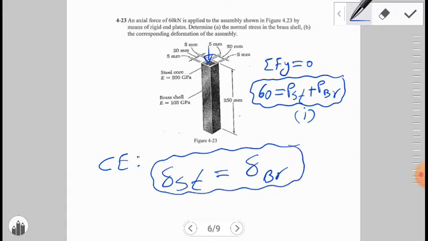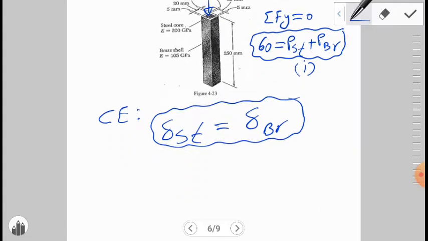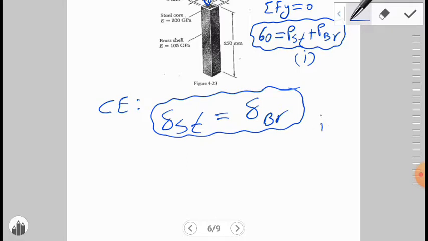Because when we apply the load, the deformation that happens in the brass is the same as in the steel. We call this equation number 2. Again, we know that delta is equal to PL over AE.